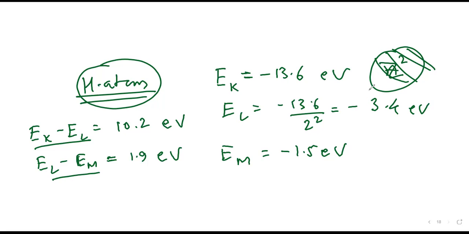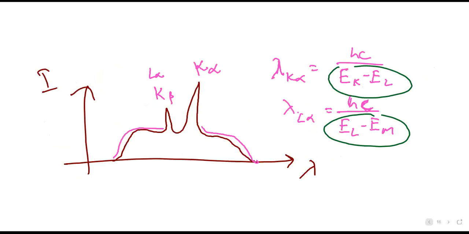So even if you multiply by Z squared, this one will be more than this one. So which one is more, E_K minus E_L or E_L minus E_M? E_K minus E_L is more. That means the lambda value would be less.